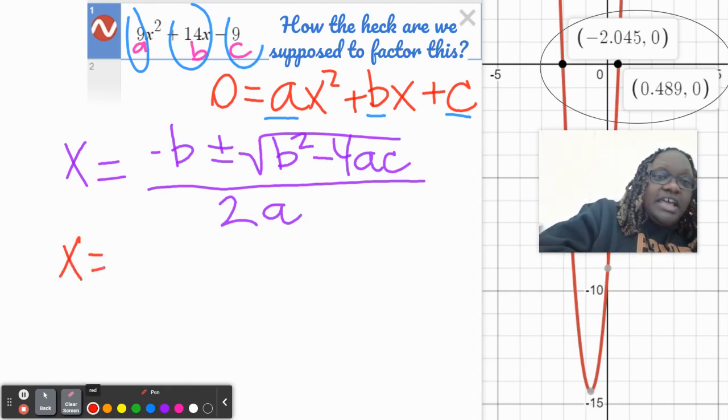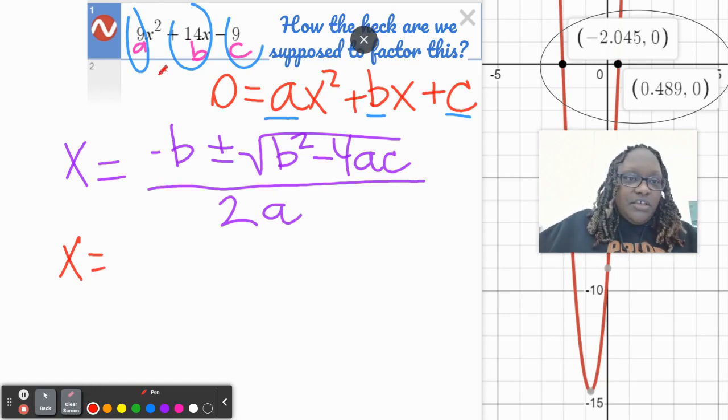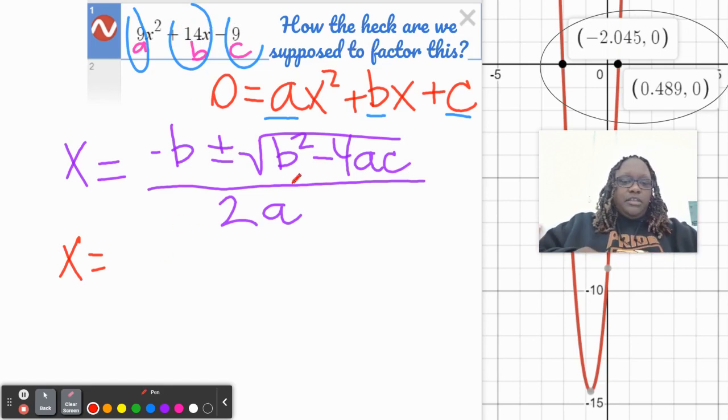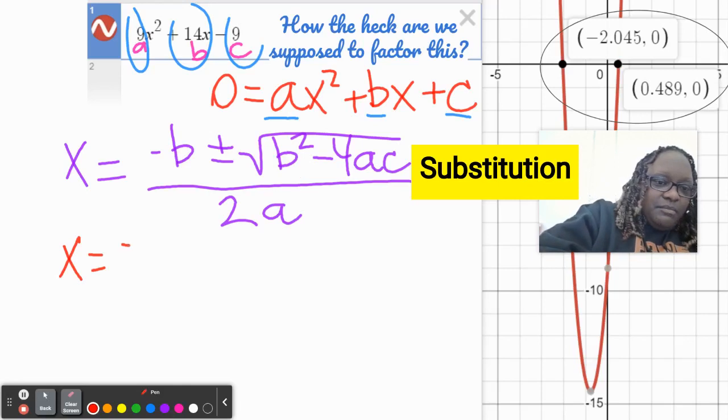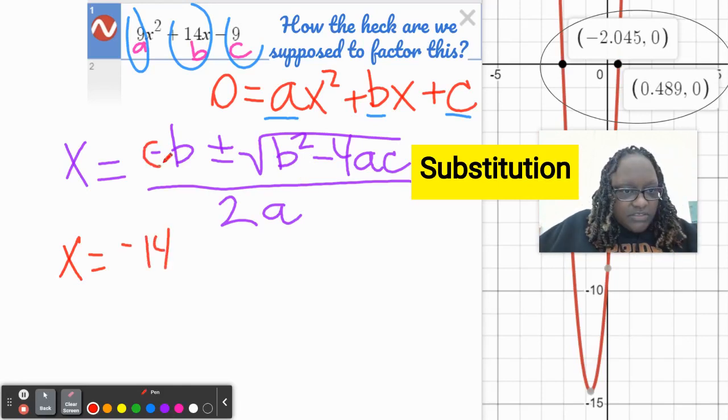So x equals -b. We already figured out that our b is 14, the multiplier of x is 14. So instead of putting b, I'm going to put 14, but I'm putting -14 because it calls for the opposite sign.